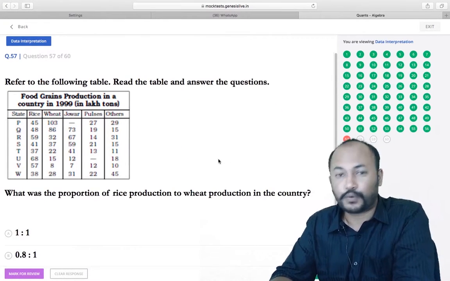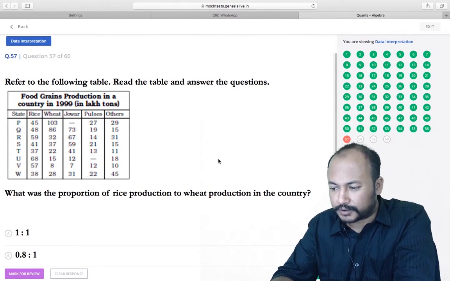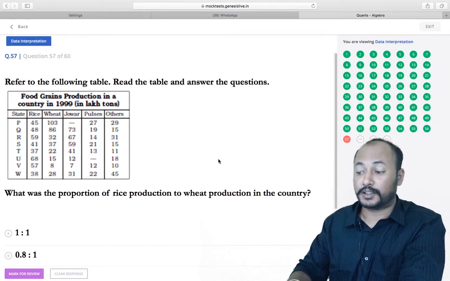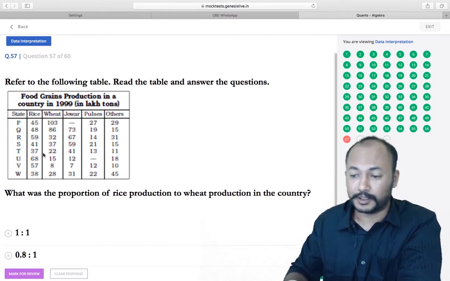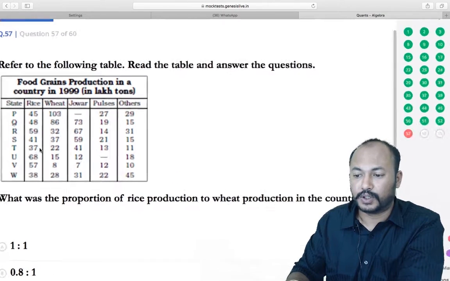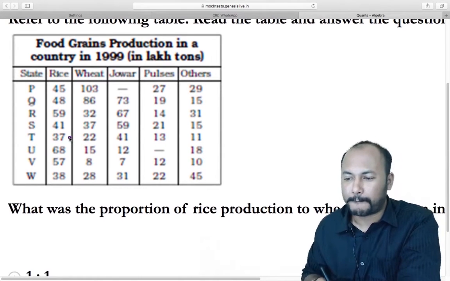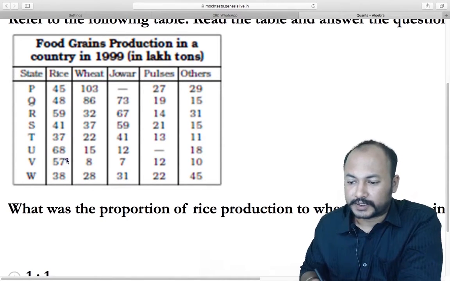57th. Last 4 questions. Okay. So what was the proportion of rice production to wheat production in the country? Okay. Basically rice versus wheat. Yeah. Now we'll have to add. No escape strategy. Okay. Fine. So let's add the numbers.